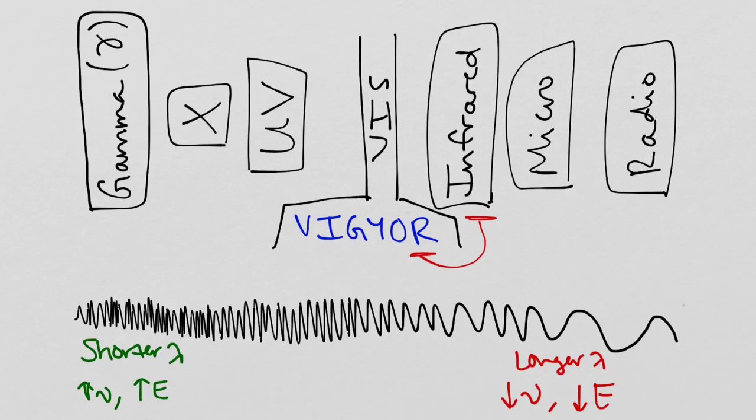Oh, I forgot the B. Oh, boy. Backwards. Okay? Since violet is then the closest to ultraviolet. So that's how we remember that.